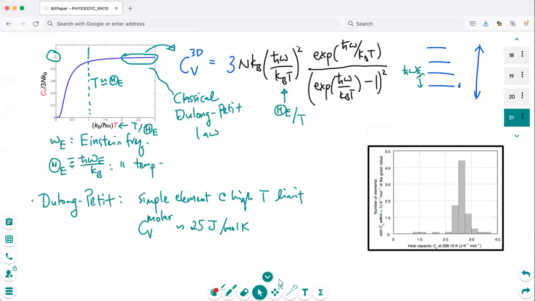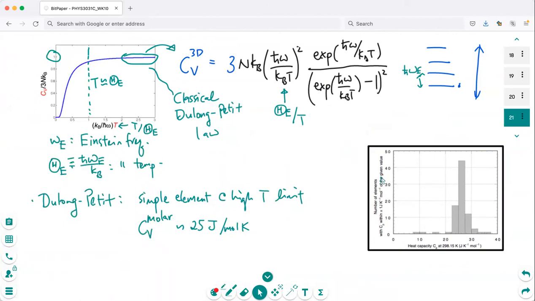What you should gain from here is this: this is the number of elements, simple elements. So you pick up the periodic table. Some of them are solid that you can study, some of them you cannot. For example, if you have oxygen, you don't know how to measure the heat capacity.